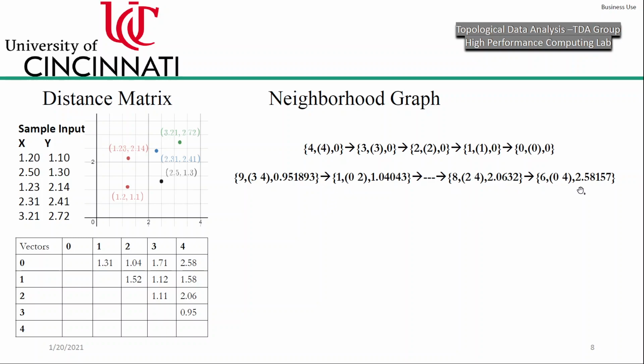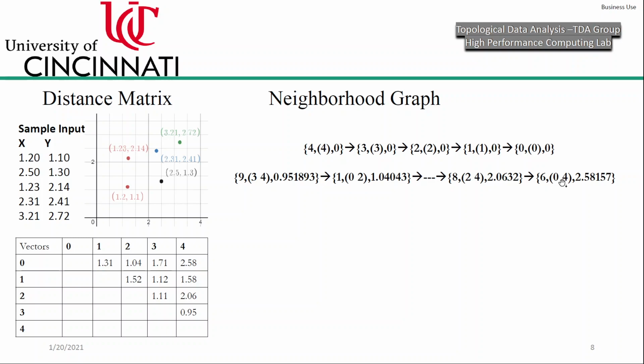Rather they are ordered in ascending order of the weights. The one which has the highest weight is at the end of the list, and if the weights are the same, then they are ordered by the simplex itself, right? So for example, 2 4 and 0 4 have equal weights of 4.